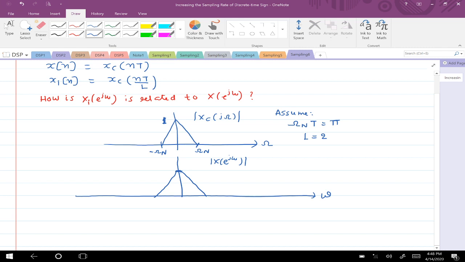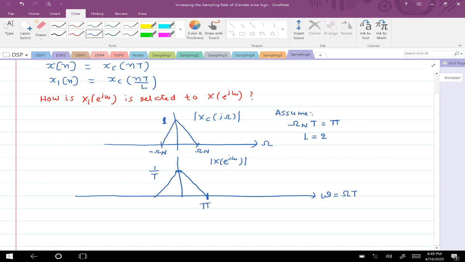That would be 1 by capital T, right? Because you are sampling with a sampling period of T, and this would be equivalent to changing the axis by scaling. This is essentially equal to omega times T here, right? And this being omega N, omega N times T, let's assume that's pi.